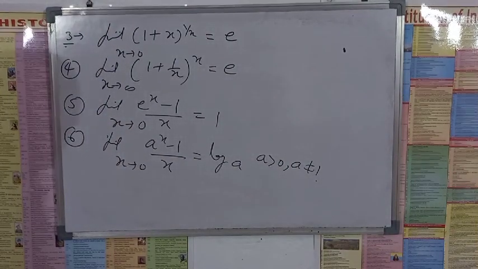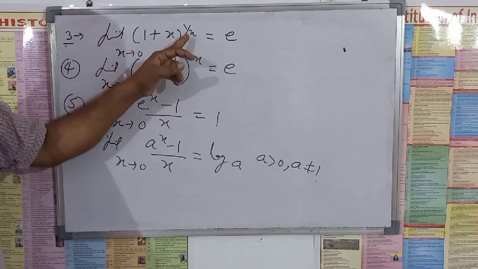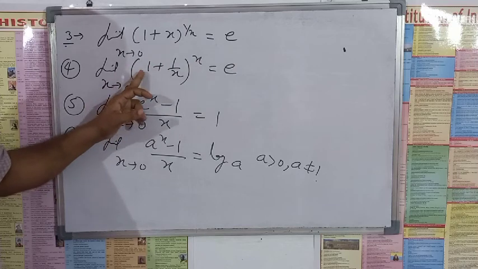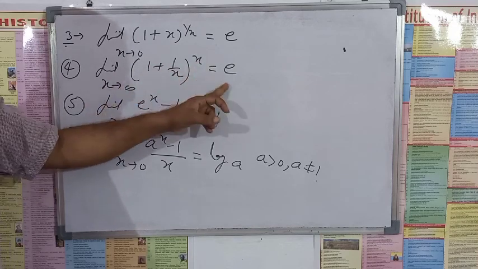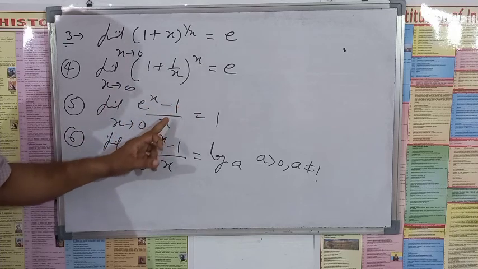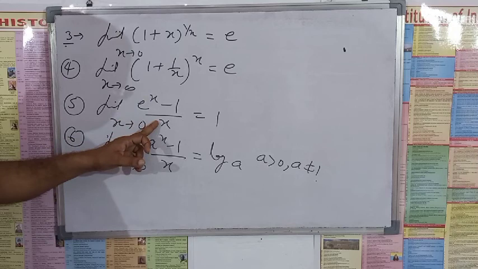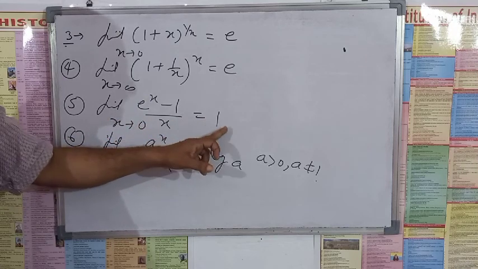So we have written here some results. Limit of (1 plus x) to the power 1 by x, x tends to 0, is e. Limit of (1 plus 1 by x) to the power x, x tends to infinity, is e. Limit of (e to the power x minus 1) upon x is equal to 1. Suppose here minus x is there and minus x tends to 0, then again we can write 1.